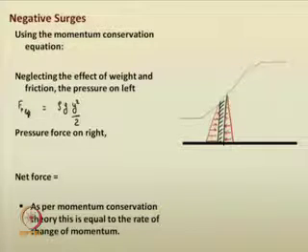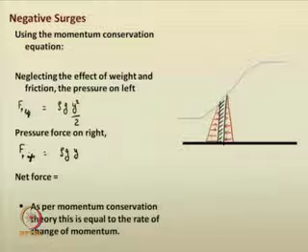The pressure force on the right will be rho g into y plus delta y whole square by 2. So, you will get the following quantities.